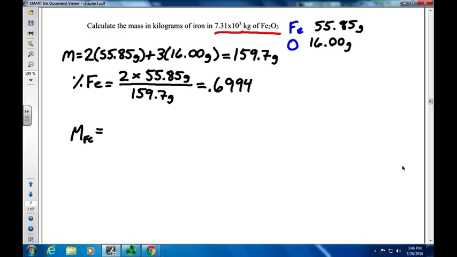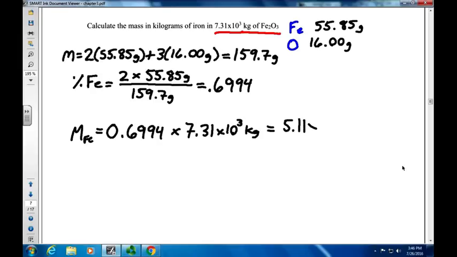So the mass of iron is going to be our percent of iron given in decimal form of 0.6994 times the given mass, which would be 7.31 times 10 to the third kilograms. Which, when you do your arithmetic, comes out to be 5.11 times 10 to the third kilograms.